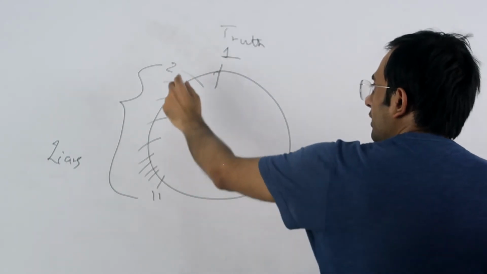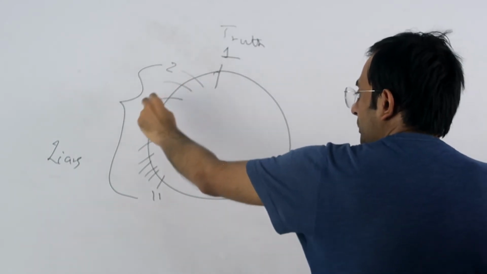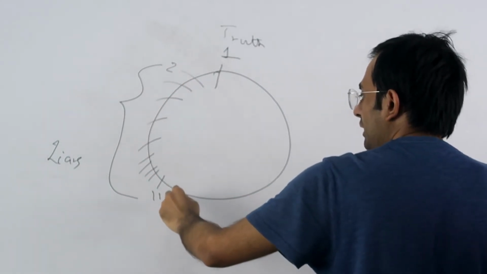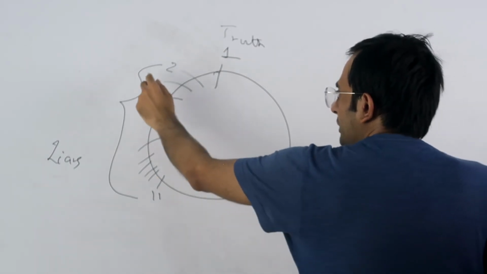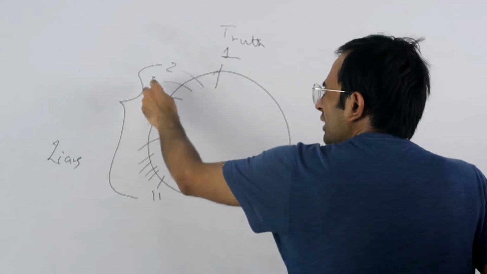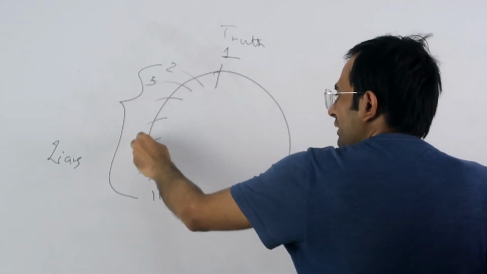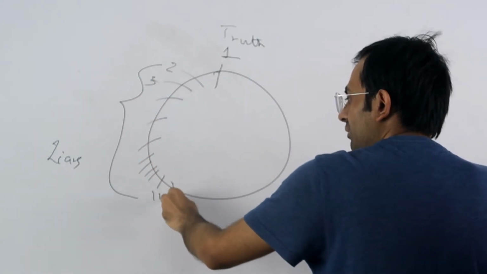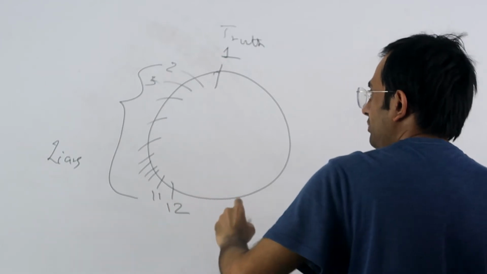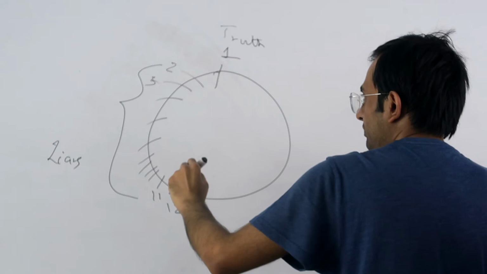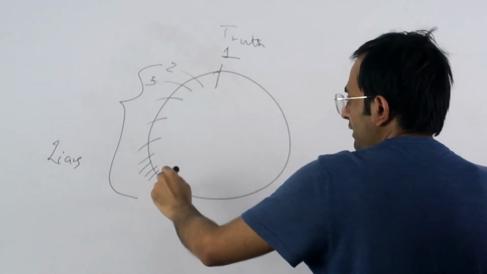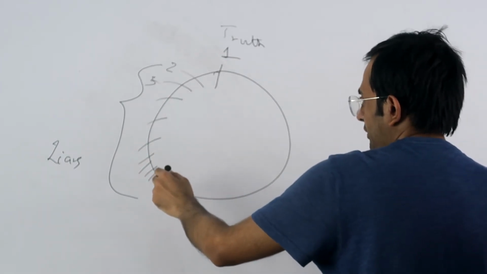Now, person 2 says that the 10 people on my immediate right are all liars. That means he's saying that persons 3, 4, 5, 6, 7, 8, 9, 10, 11, 12, from 3 to 12, are all liars. Now 3 to 11 are already indeed liars. We already know this.